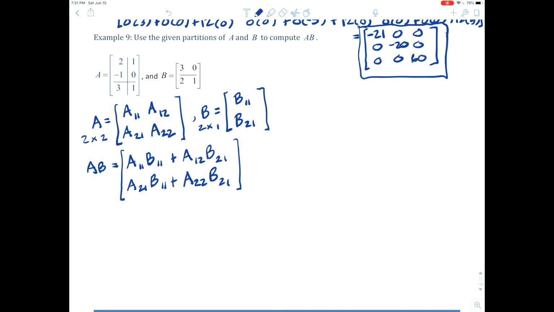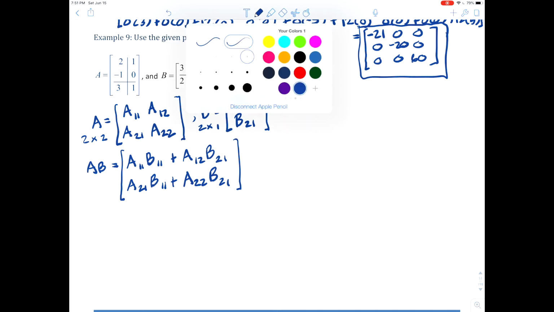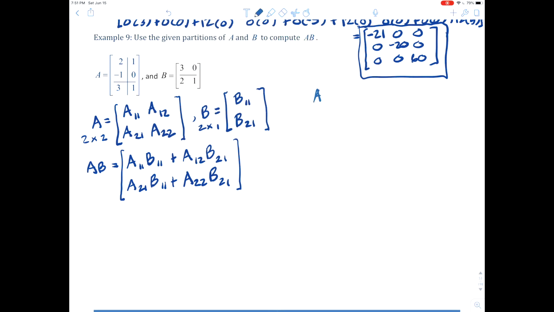Cool, cool? Well, so what does that mean? If we partition these, then I could find these different products, right? And then break down my work. So let's do it. A11 is equal to 2, -1, the way it's been partitioned is a column matrix. A12 is equal to the column matrix 1, 0.